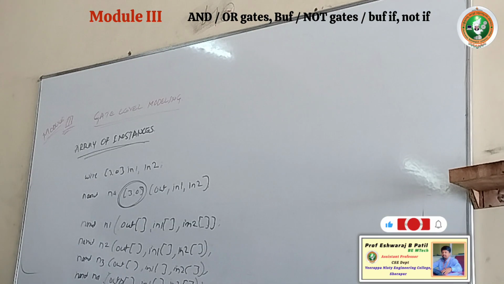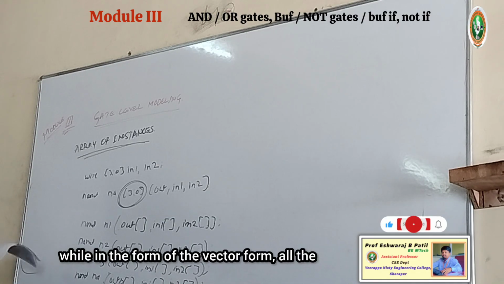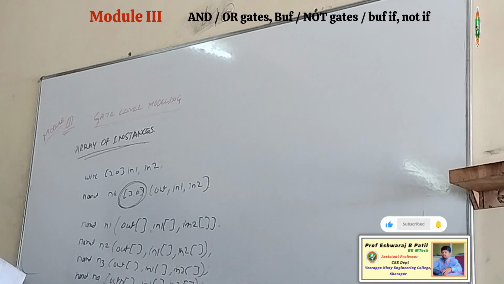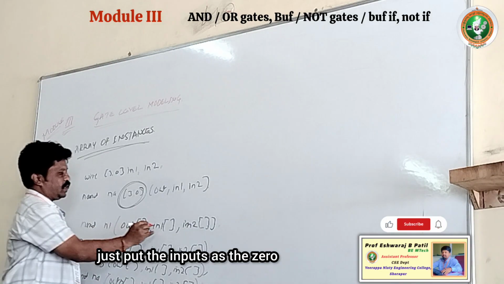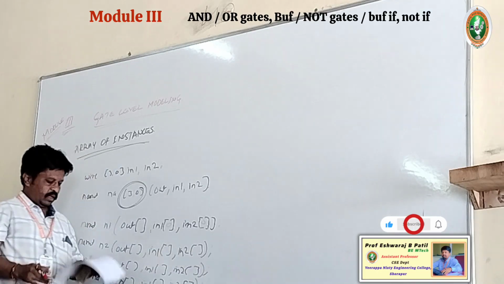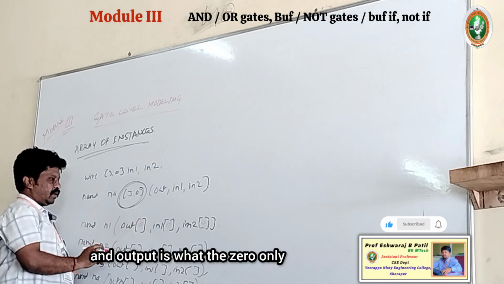Okay, this is how we were sending the input combinations in vector form. Just put the inputs as 0, 0, 0, 0, 0, 0 for the NAND gate, and the output is 0 only.